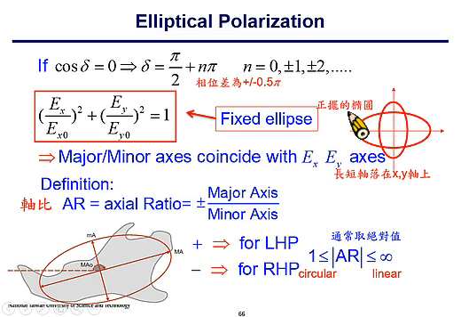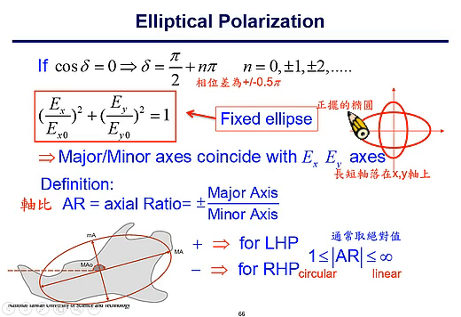If you have the same size for your major and minor axis, I mean the first term and second term are the same, you end up with a circle. Then you will have the so-called right-hand circular polarization or left-hand circular polarization.